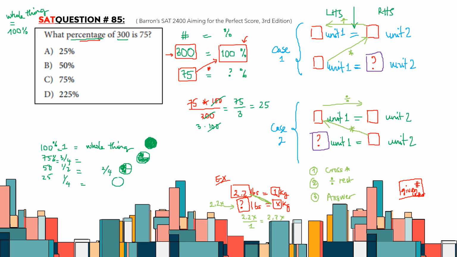And then 1/4 is you divide by 4, you eat only 1 piece. So 100% means the whole thing. So the answer will be 25%, A.